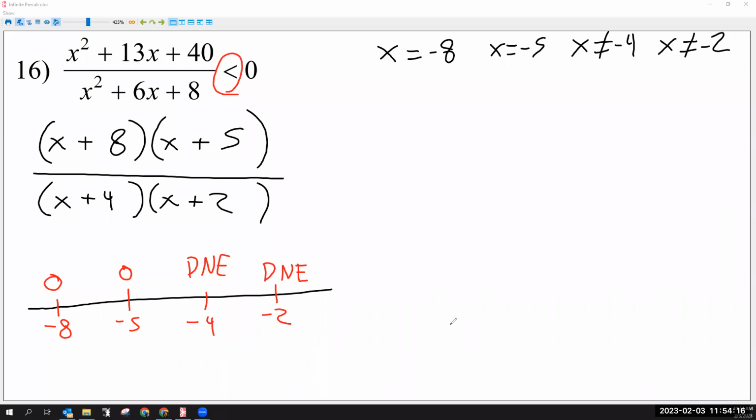Do I want positive or negative numbers? Looking for negative numbers. All right, since all my values are negative, 0 is going to be here on the far right. If I plug 0 in, again, with everything that does not have an X in it, I get +40 over +8, which is positive. And again, we said none of our numbers were repeated, so I know positive, negative.